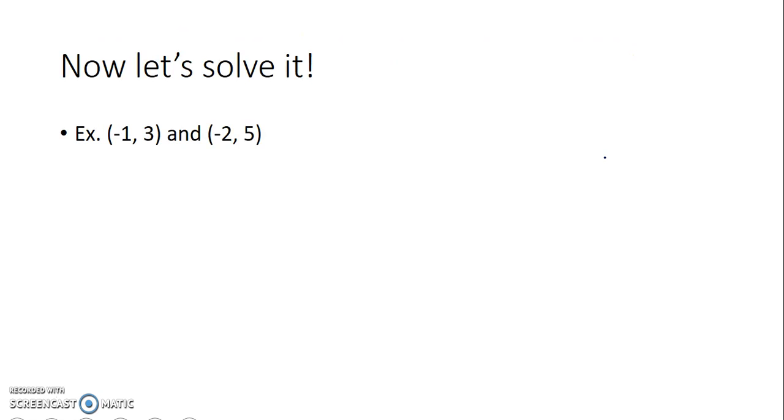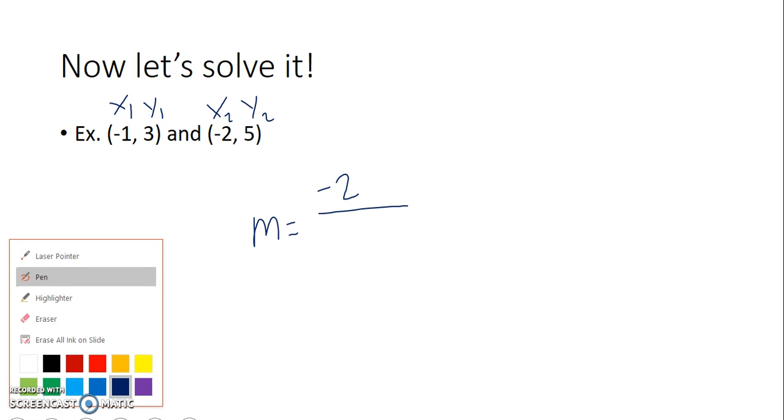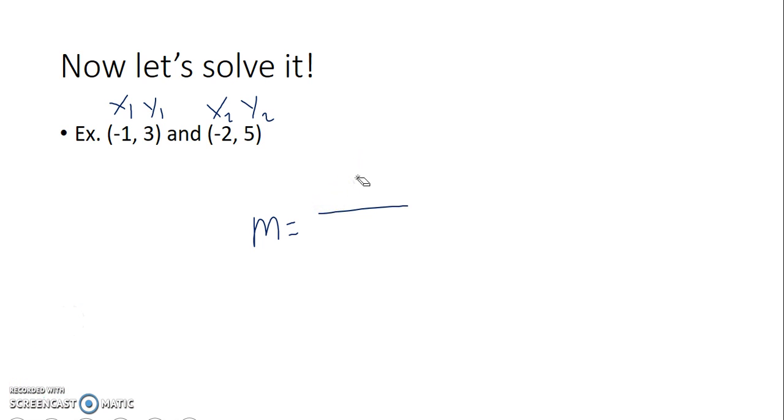Awesome. So let's go over it and solve it. We have m equals, and let's make this x1, this one y1, this x2, and this y2. Is that what you did? Okay, good. So we have what on top? Oh, my bad. I made mistakes. Okay, so go back to the pen.